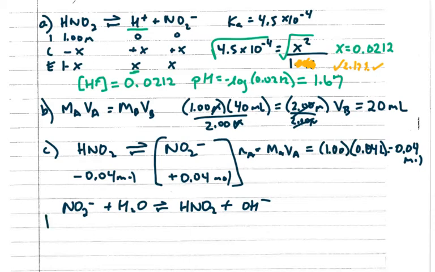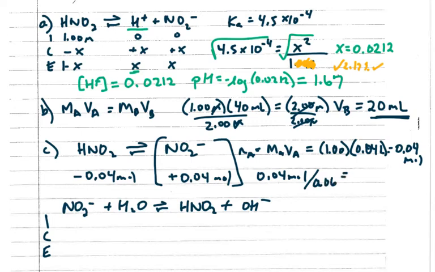We need to figure out the concentration of this OH minus. To plug into this ICE box, we need concentrations. So the 0.04 moles, we need to divide that by the total liters that we have. At the equivalence point, we had 40 milliliters of acid plus 20 milliliters of the base, so that's a total of 60 milliliters, so 0.06 liters.